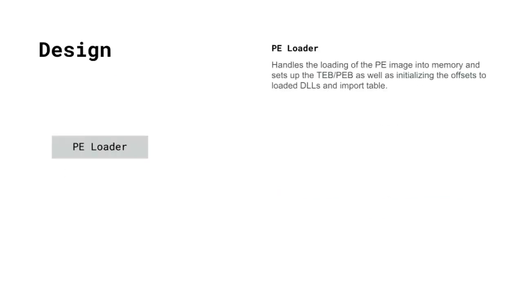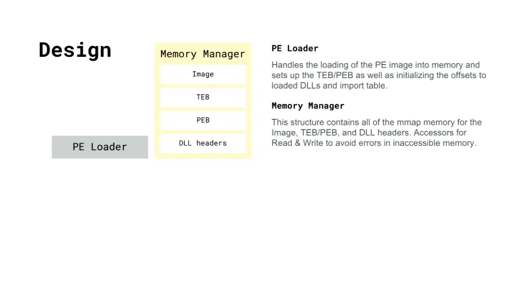So, design. We have the PE loader, which takes the header information, puts it into the memory image, and simulates the TEB and PEB and all the DLLs from the import table. Then we have the manager, which I just explained earlier.